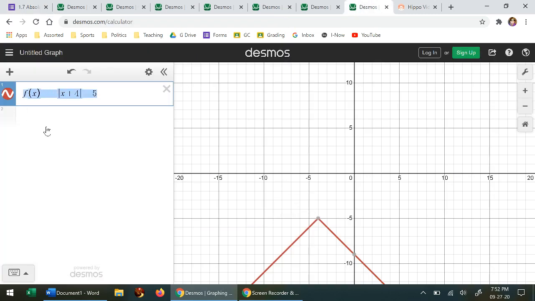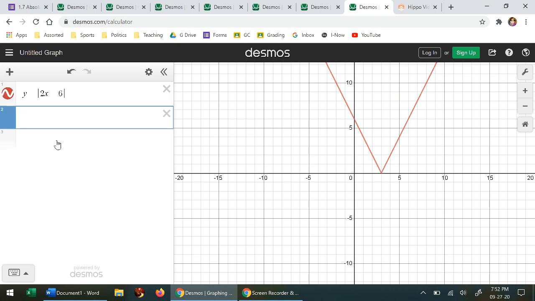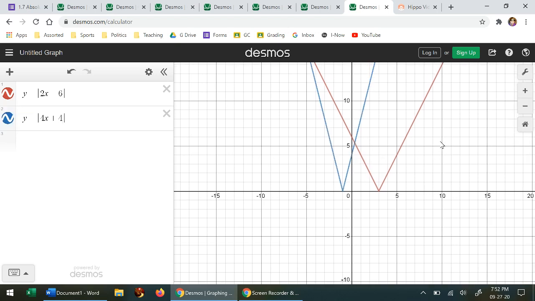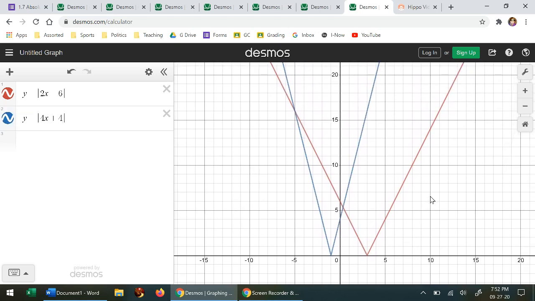I'll come back over here and type in y equals the absolute value of 2x minus 6. And then also type in y equals the absolute value of 4x plus 4. And remember, we're looking for the 2 points where it crosses, and we're looking for the x numbers.